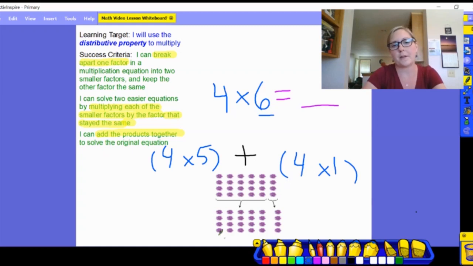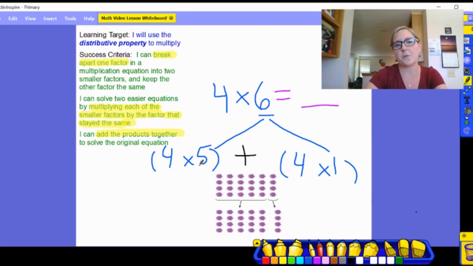You can also think about these as 5 columns of 4 and 1 column of 4. But either way, the factor that they broke apart was 6, and they broke it into 5 and 1.